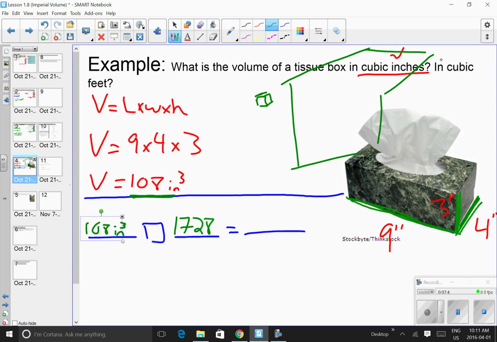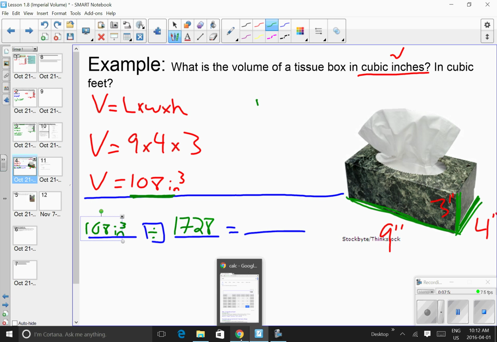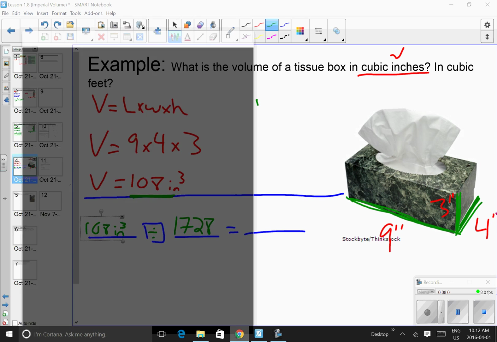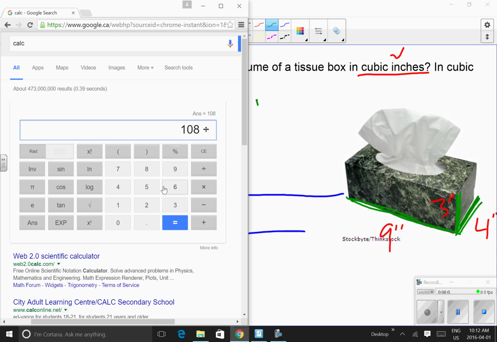Since I'm changing into a bigger unit, I have to divide, because my number's going to get smaller when I'm using a bigger unit. So take that number and divide it by 1,728. That's my answer.